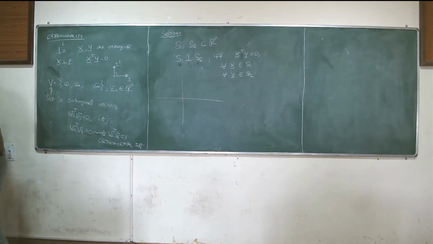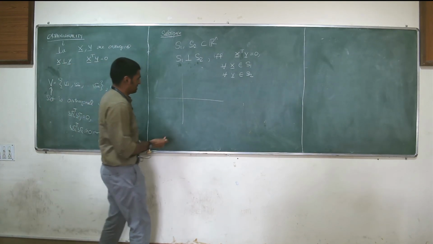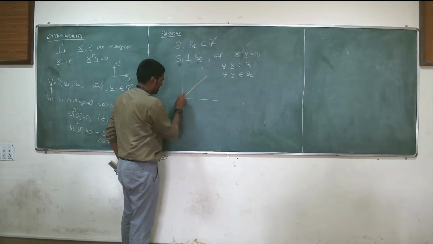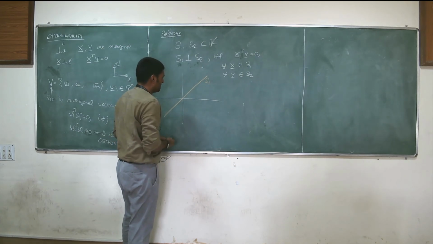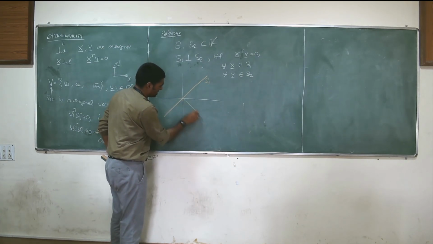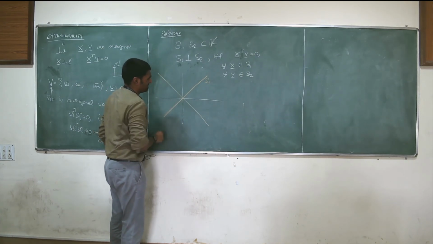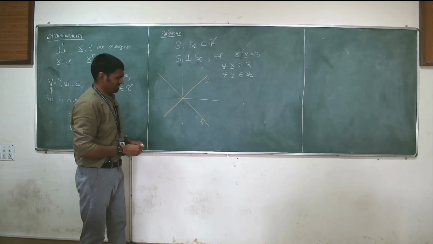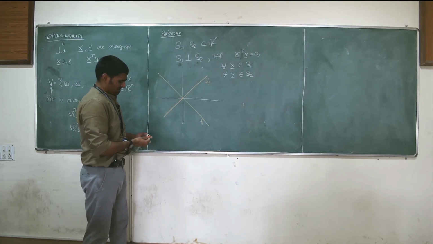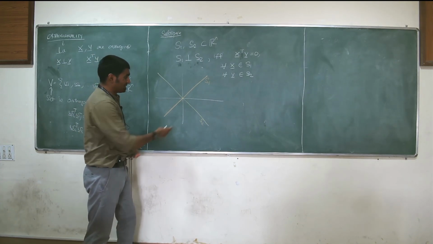If you're talking about R2, say this is S1 and this is S2. Both of these are subspaces of R2.